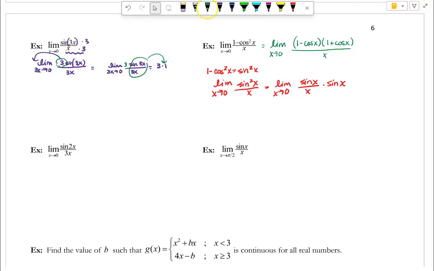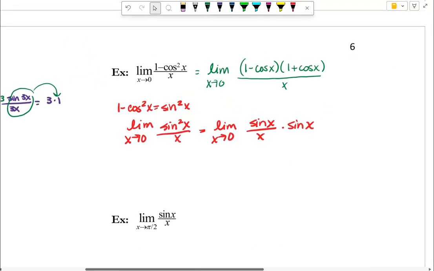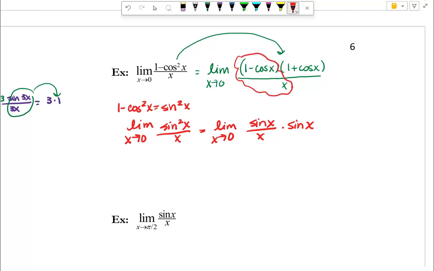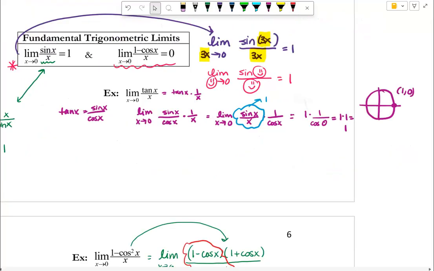All right, as we look at the top right example on page 6, there's actually 2 ways that we could consider this one. You might have thought of 1 minus cosine squared x as a difference of squares, and we could factor that just like a difference of squares. If we do that, we'll notice that this part of our limit expression relates back to that second trig limit that we wanted to learn on the previous page, that the limit as x approaches 0 of 1 minus cosine of x over x equals 0.